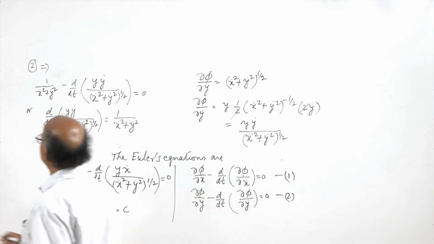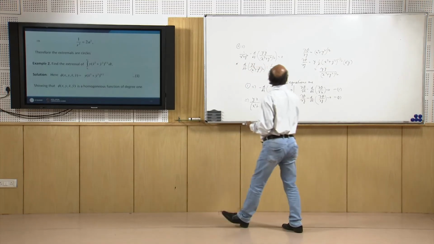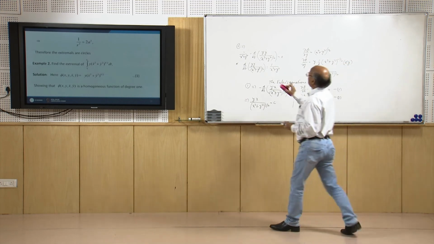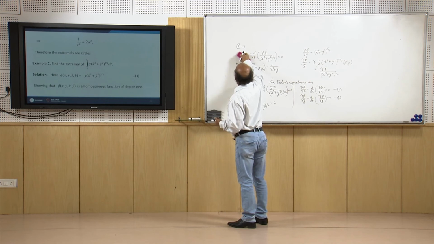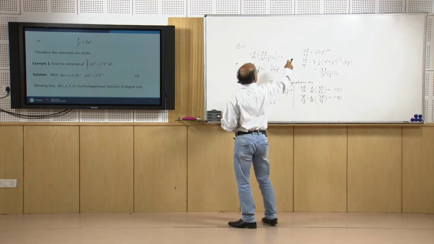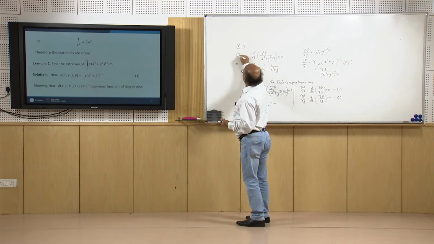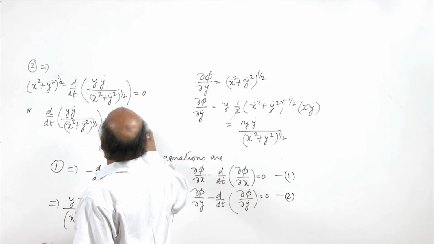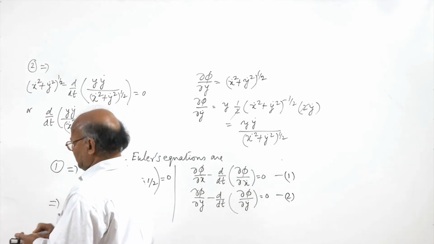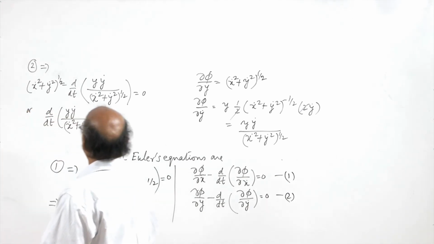No, wait, we have this is (x dot square plus y dot square) to the power half. So we get here (x dot square plus y dot square) to the power half.